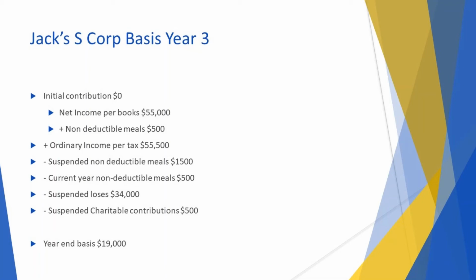Then we will subtract the $500 non-deductible meals from the current year. Next, we will subtract the suspended losses of $34,000. Finally, we will subtract the suspended charitable contributions of $500. Little math, and we have a basis of $19,000.